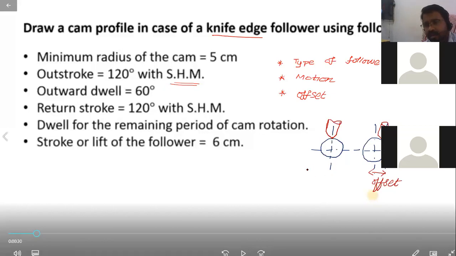So this is inline, and this is offset. Whether this offset is there or not, you have to see.